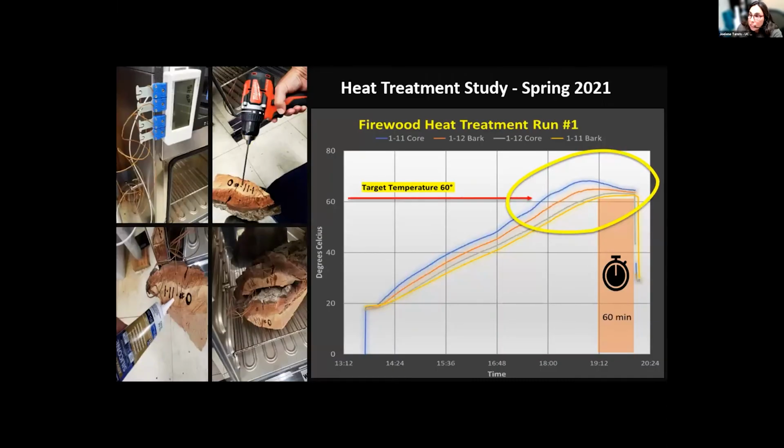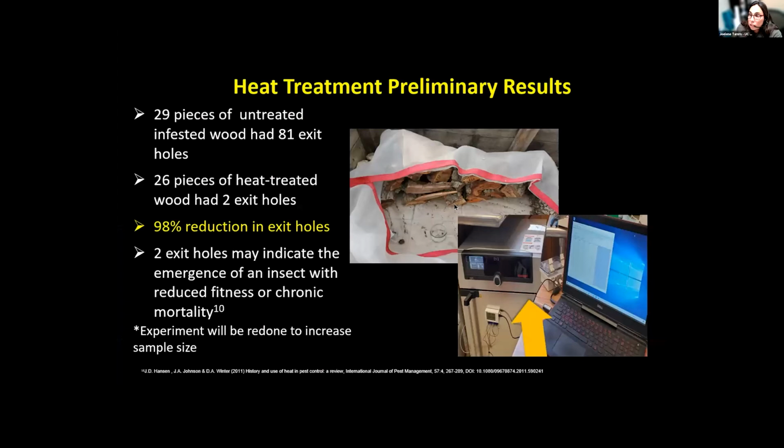For a heat treatment study, to determine the heat treatment protocols, we're monitoring the core temperature of each piece of firewood and the core temperature of the bark, making sure that those temperatures reach 60 degrees Celsius for 60 minutes. The preliminary results show a 98% reduction in exit holes.